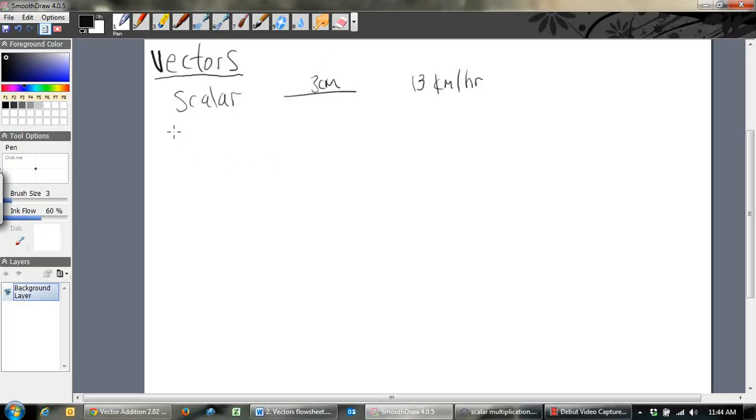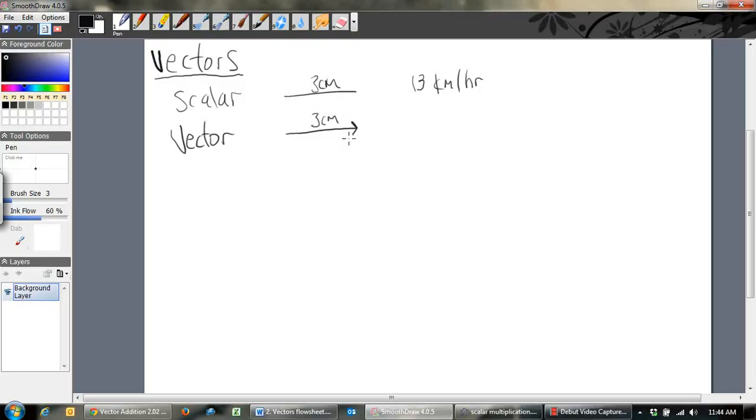I'll try to think of another one, but a vector is something that has not only magnitude, so this line here is 3 centimeters long, but a vector also tells you the direction. In other words, I might have this line with an arrow going in it, so it's 3 centimeters. And so the difference is the vector has magnitude, it's 3 centimeters long, but it also has direction, it's going in this direction here. And so that's the difference between a scalar and a vector.